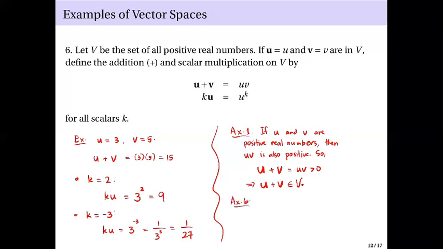Axiom 6, for any scalar K and any positive number U, U to the K is also positive.